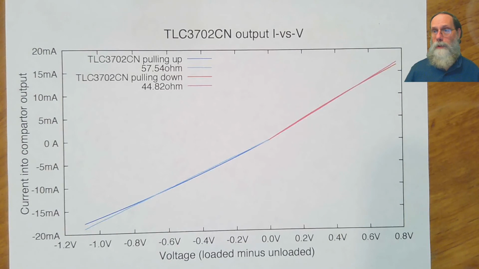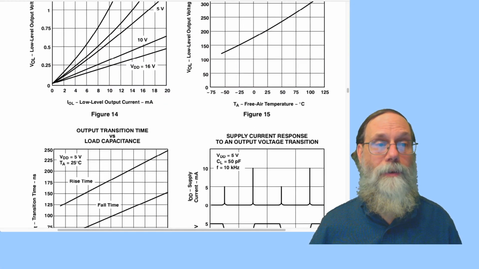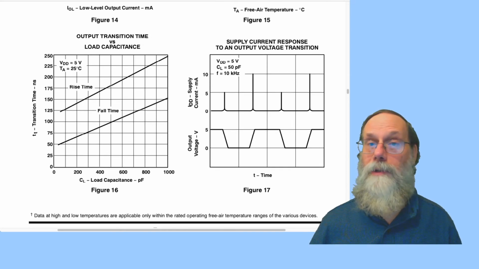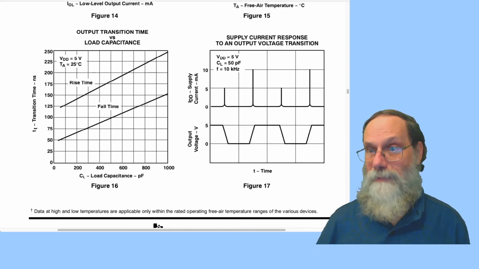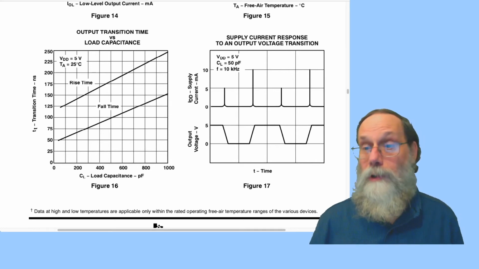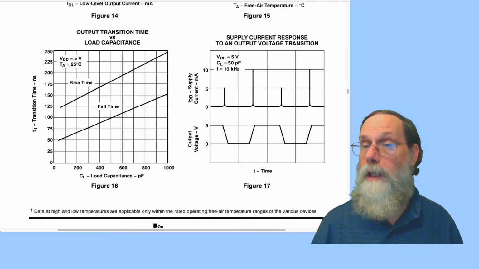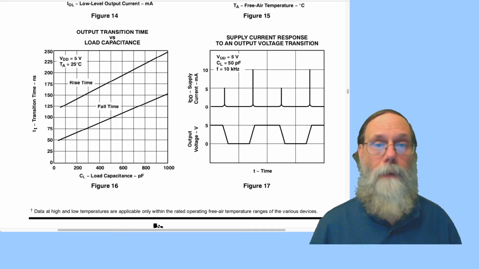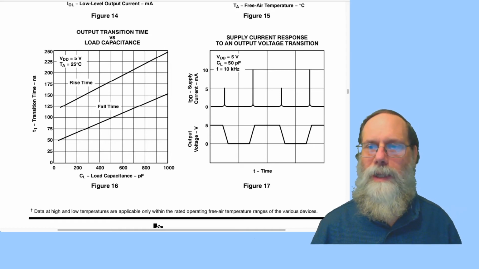There's one more way to do it, and that is to go back to the data sheet and scroll down just a little bit further to figure 16, which gives the output transition time, the thing we wanted to know, versus load capacitance, the thing that basically is going to control it. As we can see here, we've got pretty nice straight lines. We can just pick a few points on there to get the curve for it rather than having to always read off the data points.